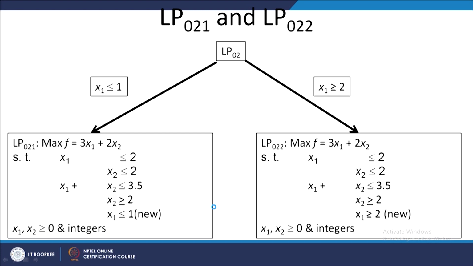LP021 has the original constraints as well as the constraints of LP02 as well as the additional constraint that x1 is less than or equal to 1, and similarly LP022 has the additional constraint that x1 is greater than or equal to 2 apart from the original constraints.